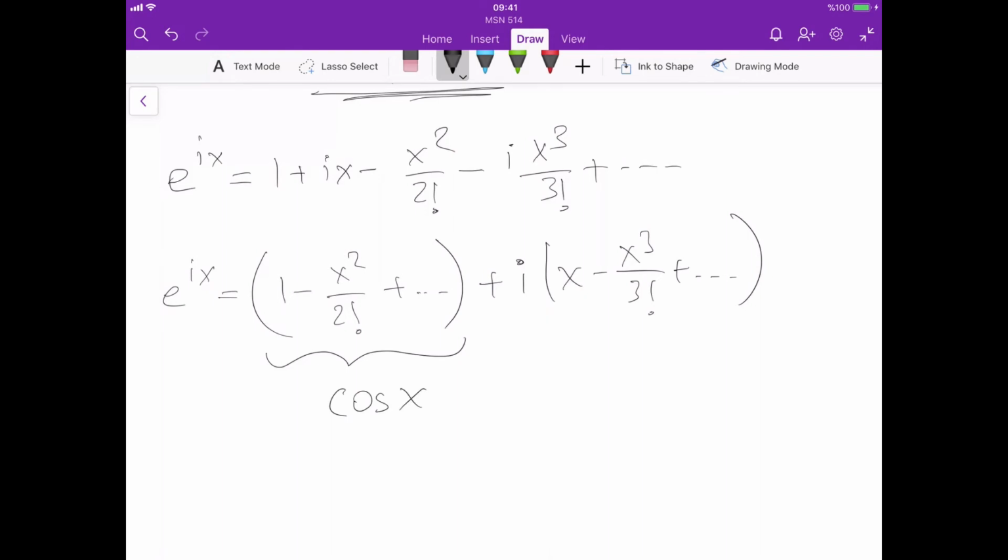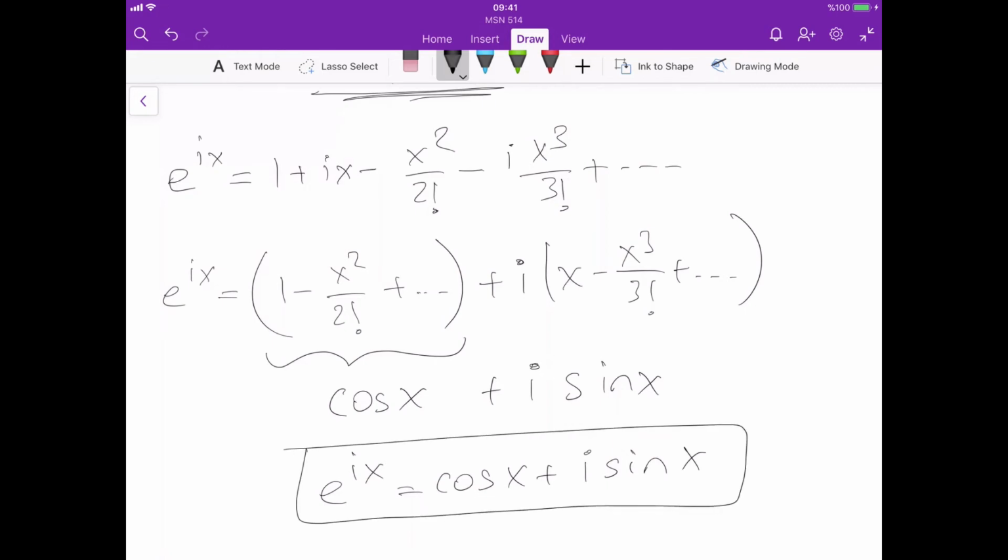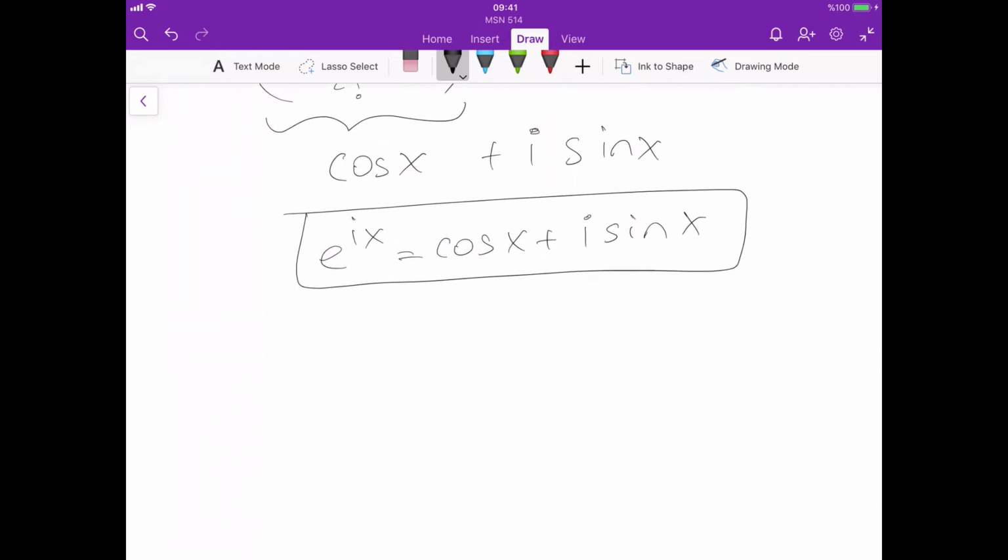Cosine x, right? Plus i times sine x. You see? And of course it yields the famous mathematical constant, e to the i pi equals minus 1, right?